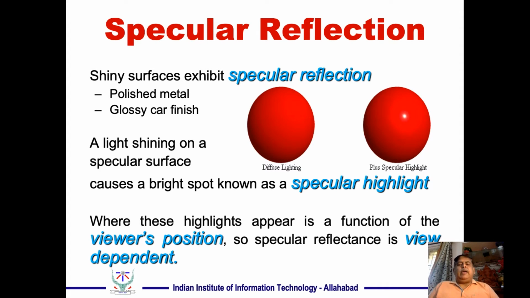Now, up to now, what we have seen is that the direction of the light source was important. So placing the light source in the world coordinates, I could create the illumination equation. But for specular illumination, I need to place the camera. I need to know where I'm looking from.